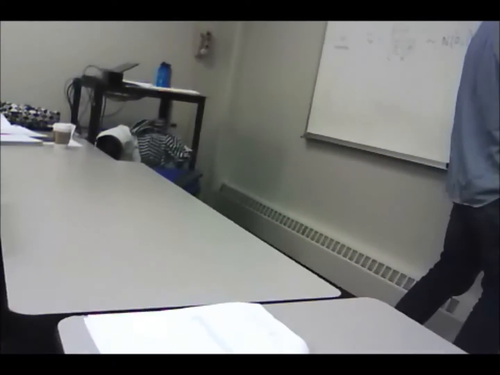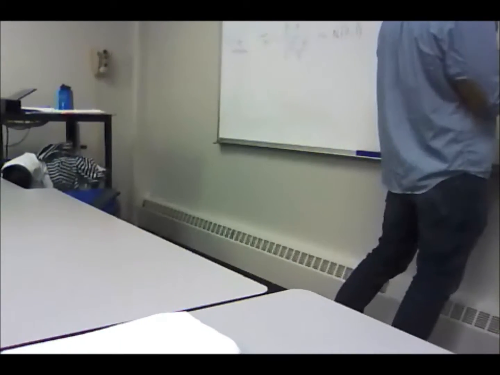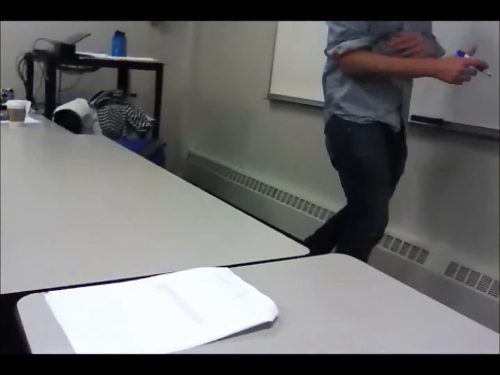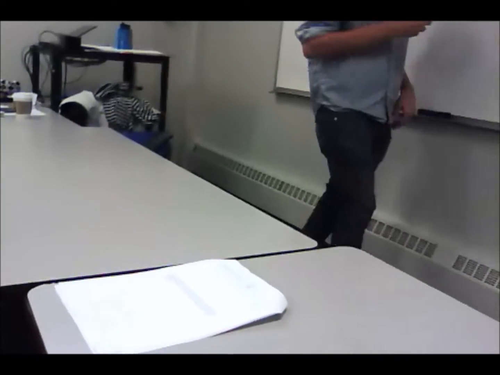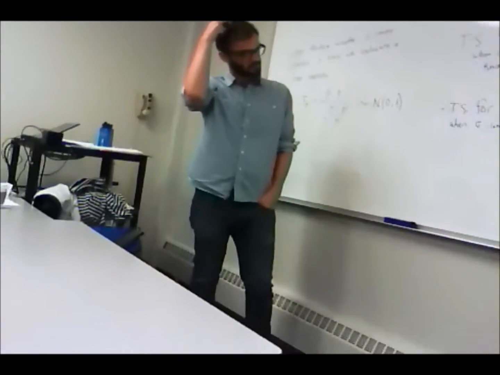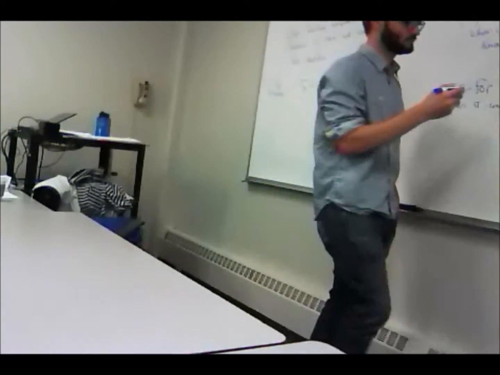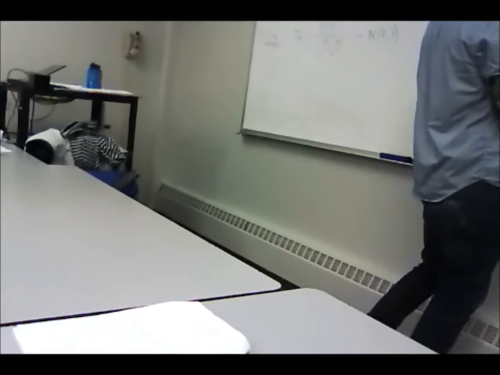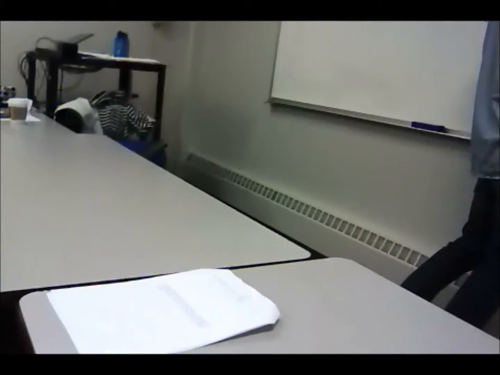S, right? Again, this should all look familiar from confidence intervals. And so what do we think the test statistic is going to be here? X bar minus mu, divided by S over the square root of n.